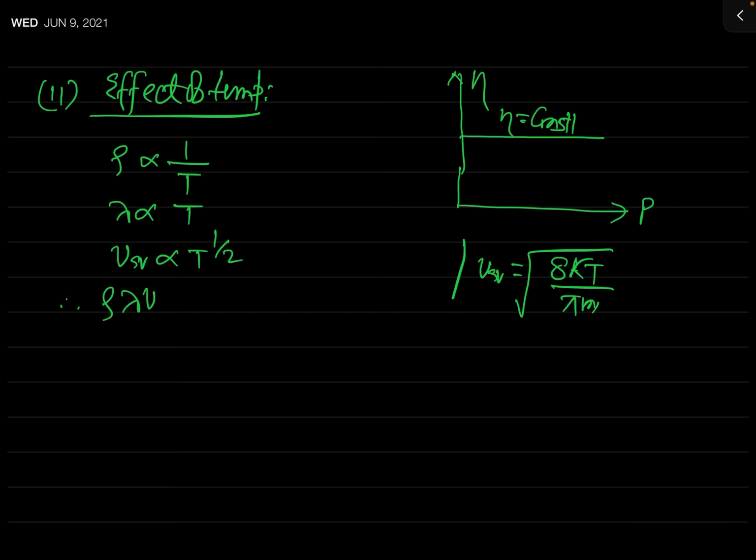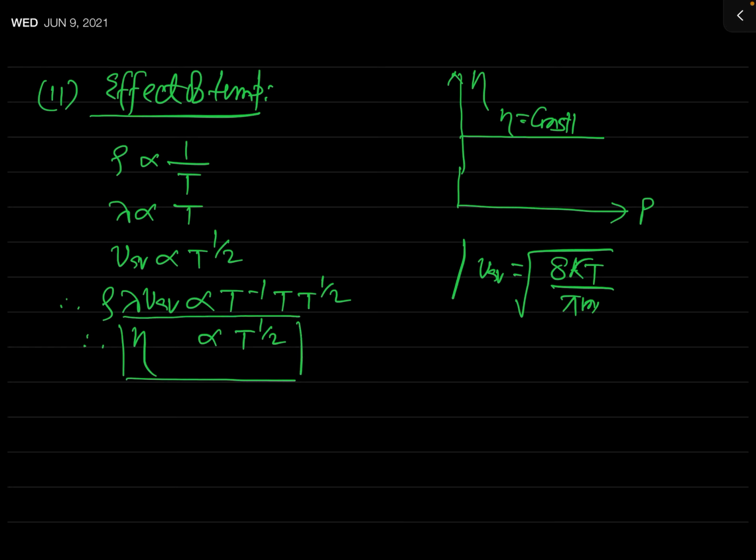So what will be this product, rho times lambda times V average? This will be proportional to T to the power minus 1 times T to the power half. So as a whole you can say that eta is proportional to T to the power half. So you can see that the viscosity of the gas will increase if temperature increases.